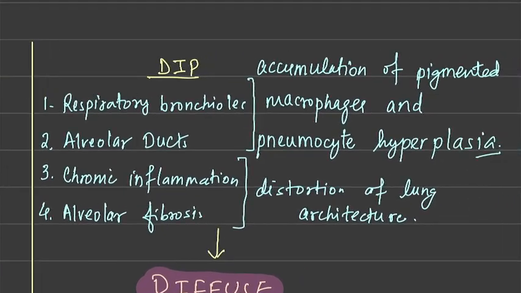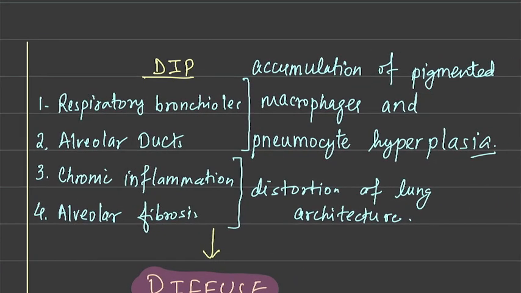Let us see the HPE findings in DIP. Again, respiratory bronchioles and alveolar ducts are involved, and there is accumulation of pigmented macrophages. It is very important to understand and remember that there is accumulation of pigmented macrophages, and pneumocyte hyperplasia is also seen.